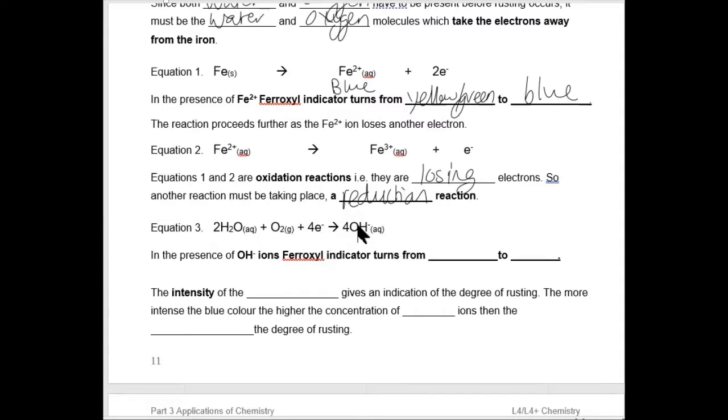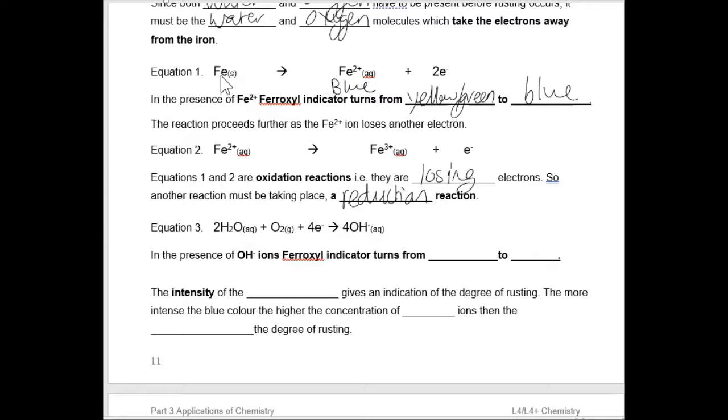Now please note that I recommend that you learn equation 1 and equation 2 like it's a story. The story starts with iron, fresh iron that you've just bought, say a brand new car that's made up of Fe.